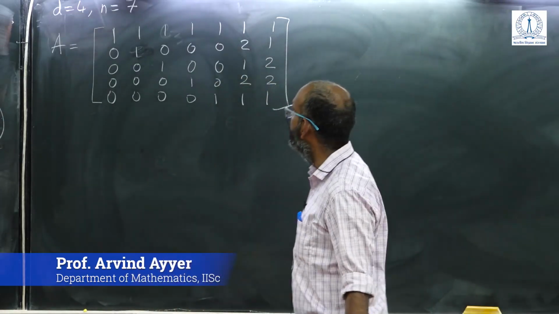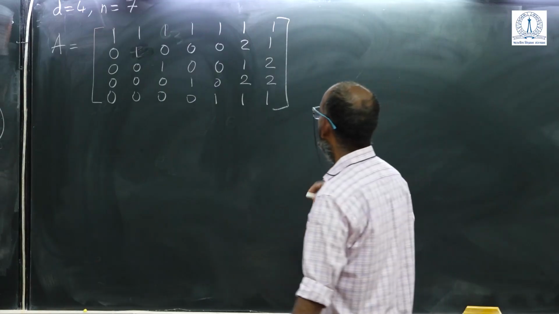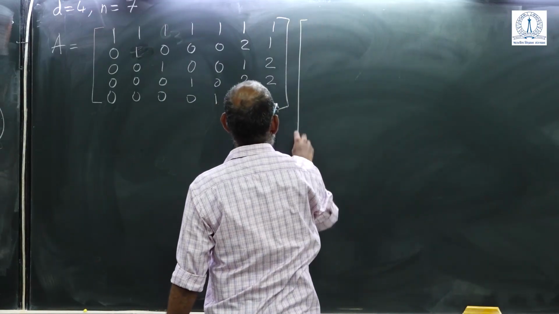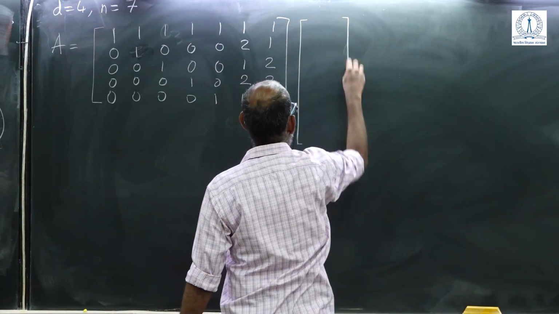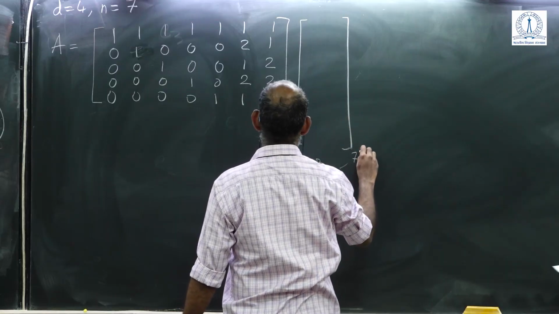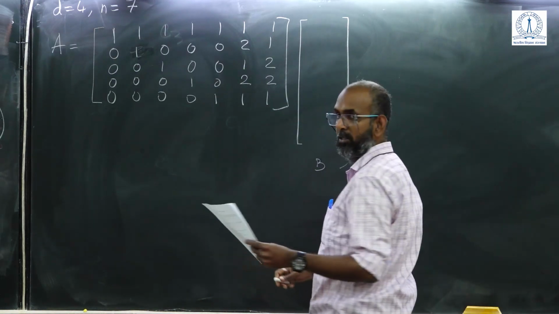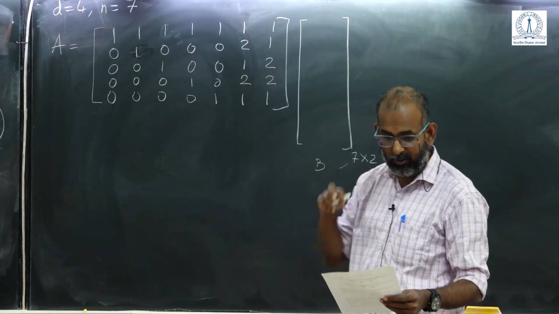What is n minus D minus 1? It's 2, right? So we now have, this is our B. So that is 7 cross 2. Okay, so let's try and work this out.